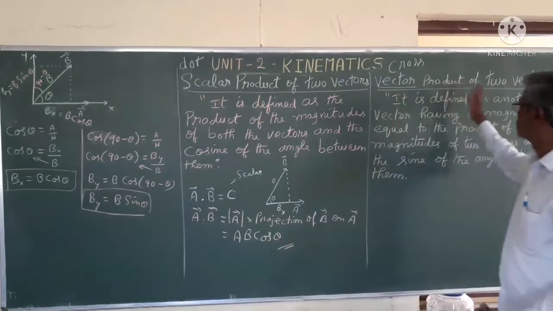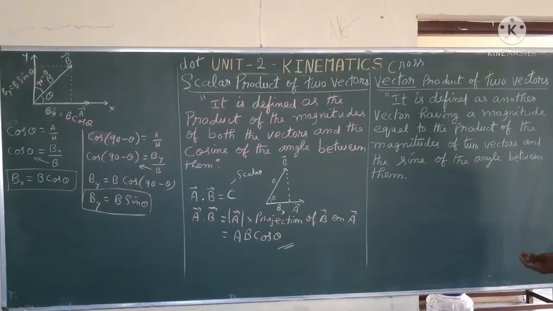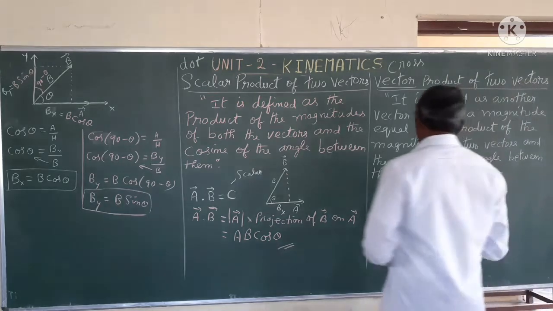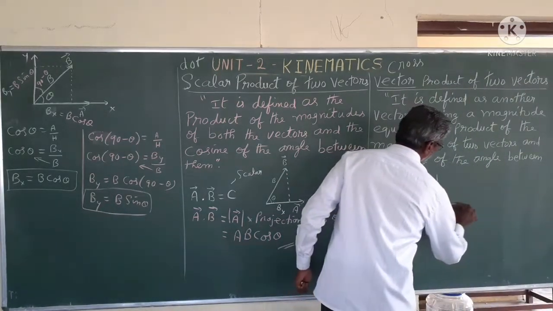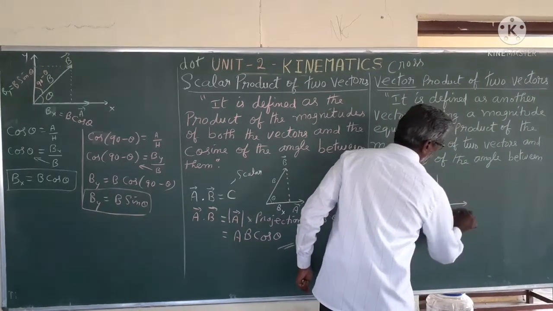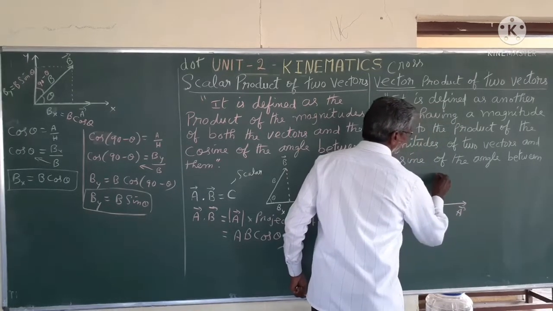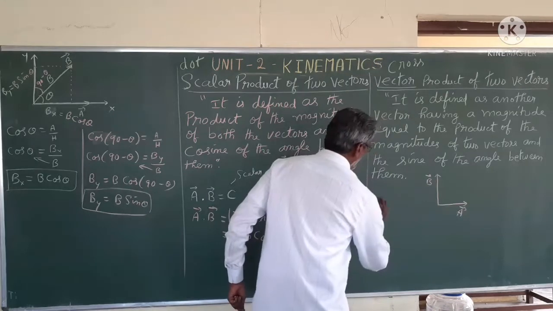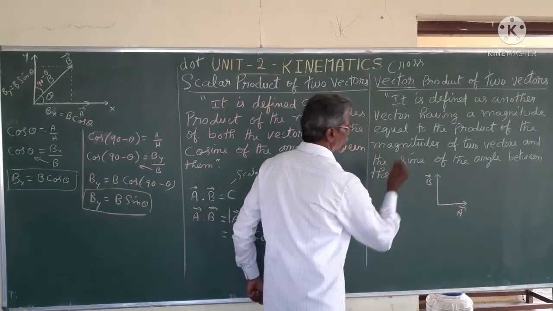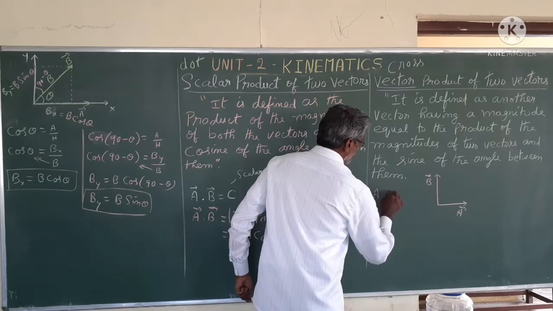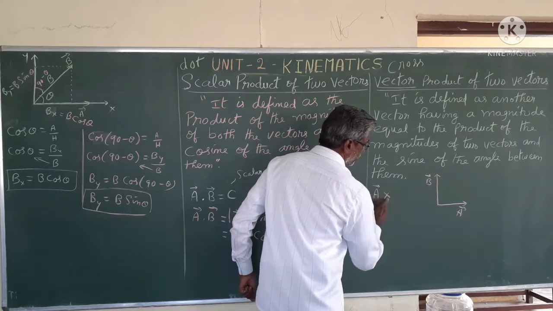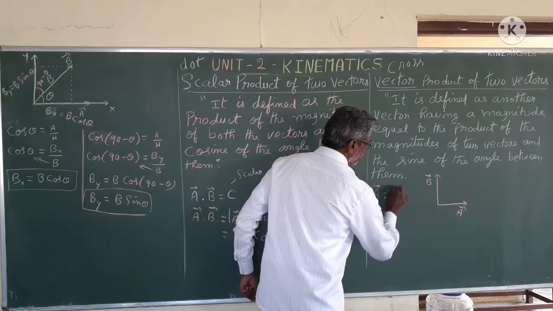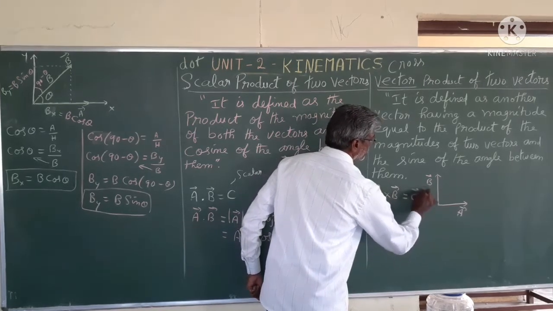Now we will go for the vector product of two vectors. This one is a vector, this is b vector. Now I want to find out the vector product of two vectors. So the cross product of two vectors will be a vector.